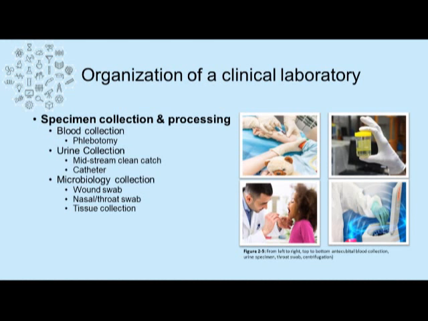Microspecimens can be collected by swabbing a wound, possibly a nasal or throat swab for checking if the patient has flu or strep throat, as well as collecting tissue samples, which could also be set up for microbiology.